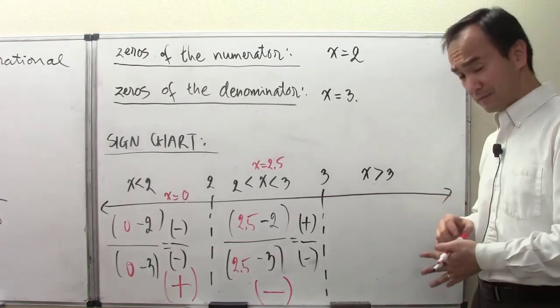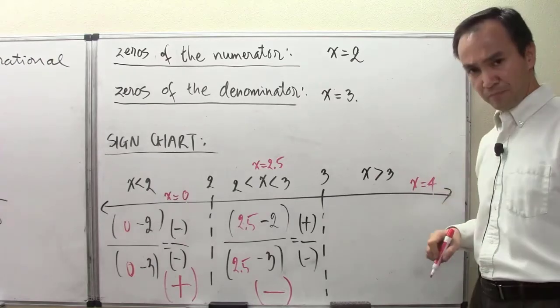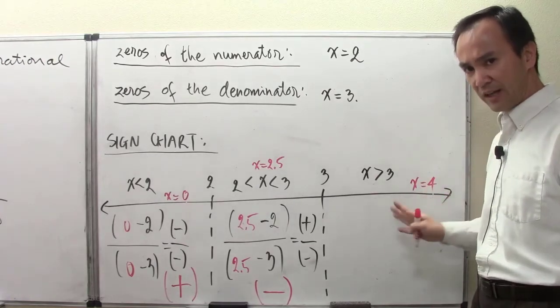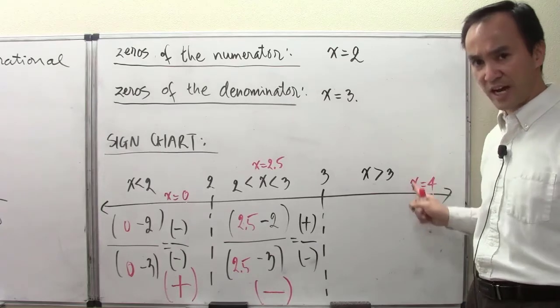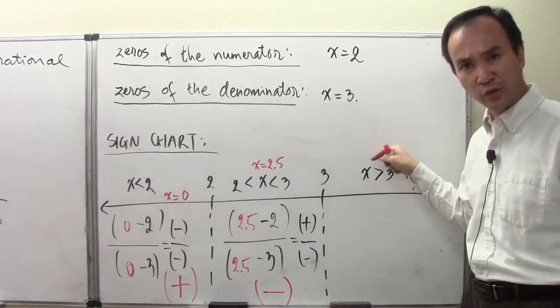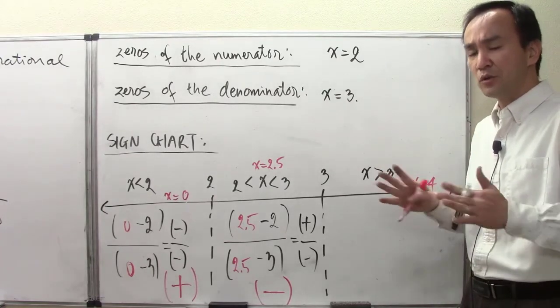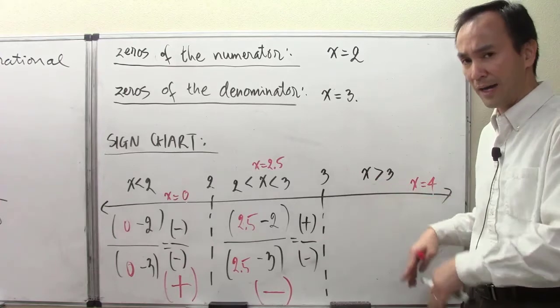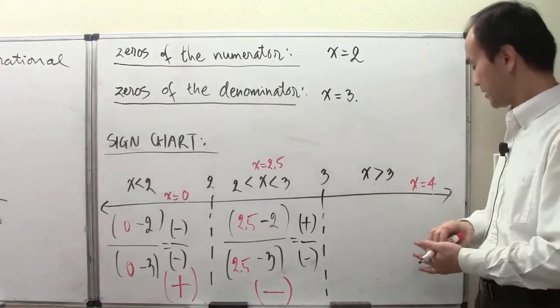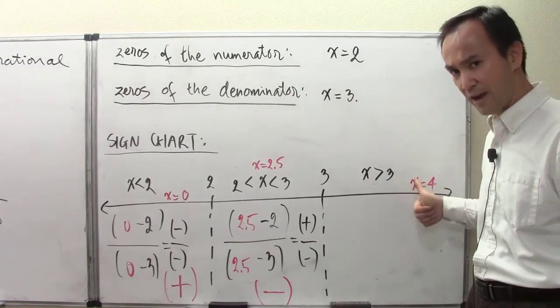I plan to pick x equals 4. But before I use that in the calculation, let's check if it's violating the domain. x equals 4 is already in the interval, but we want to make sure it's not violating the domain. The domain excludes 3 and 1, so this 4 does not fall into the exceptions.